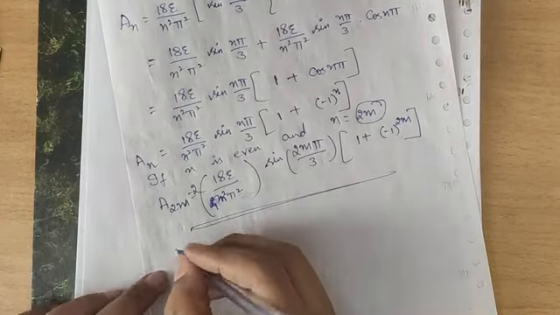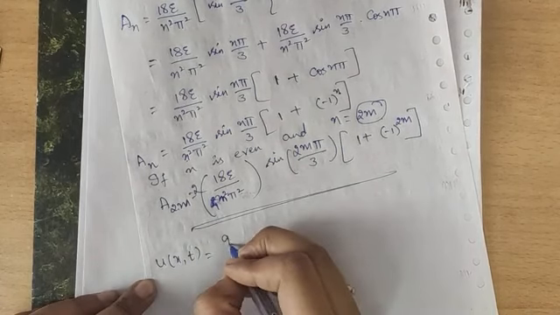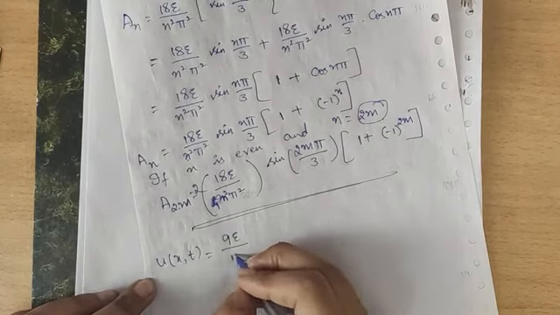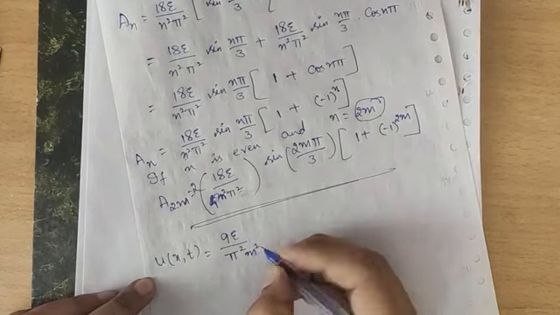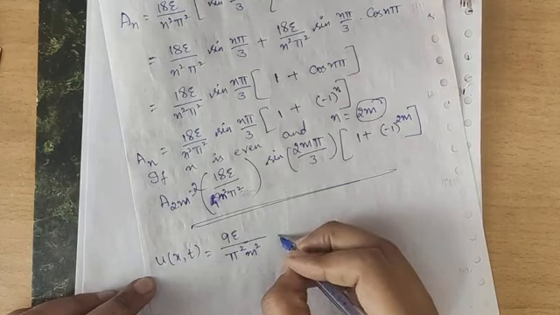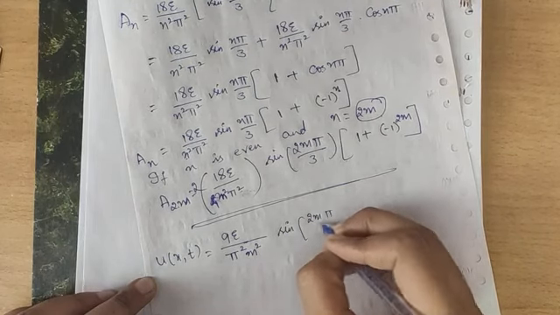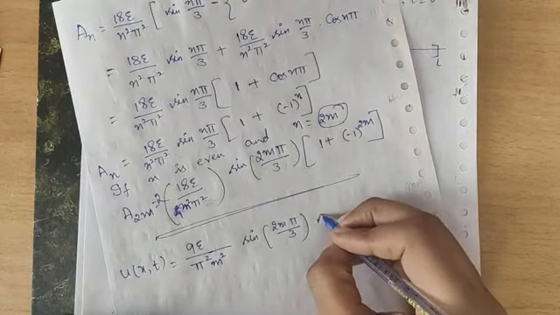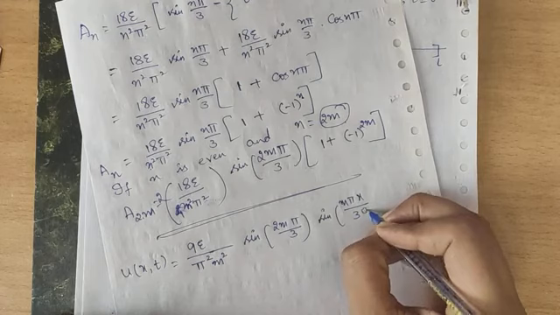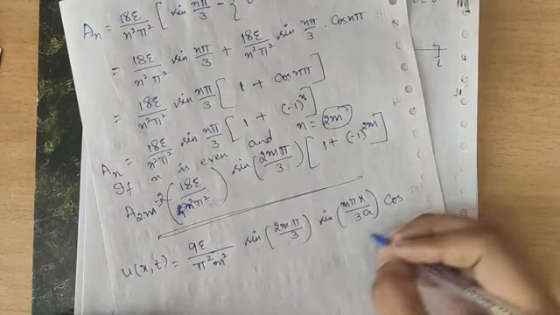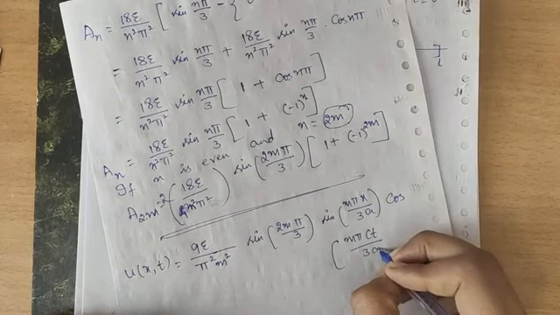Now the final expression, or solution, will be 9 epsilon by pi square into m square sin 2m pi by 3 into sin m pi x by 3a into cos of m pi ct by 3a.